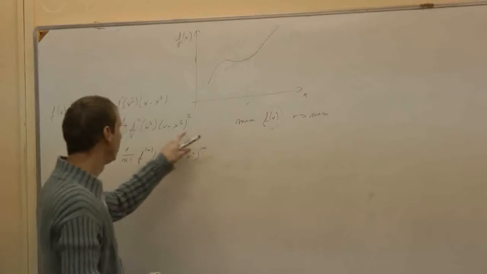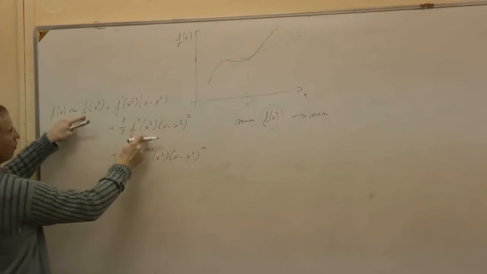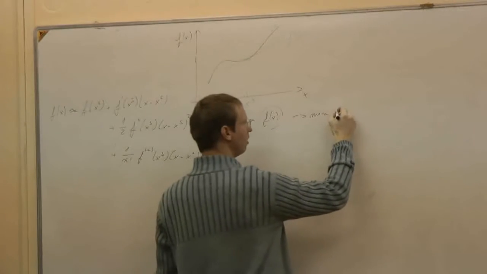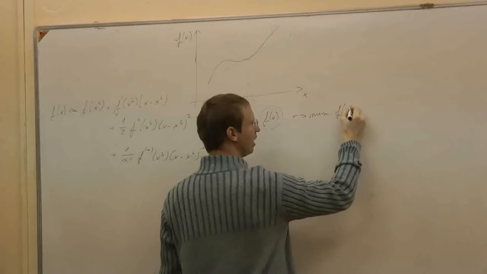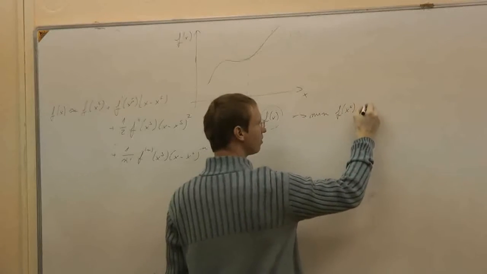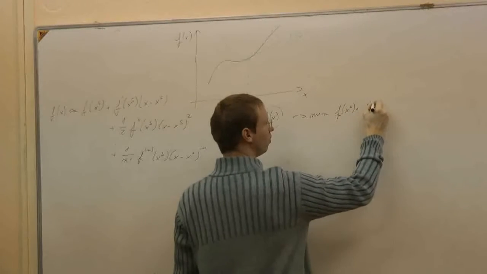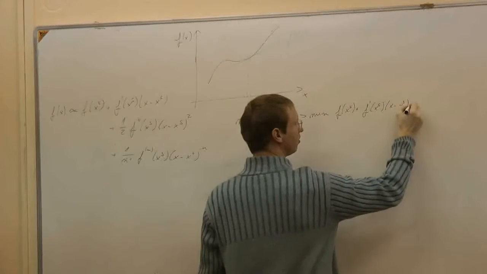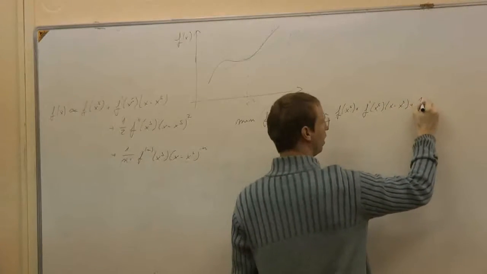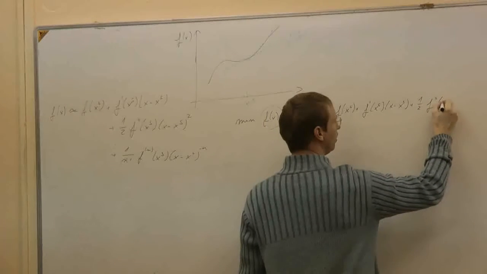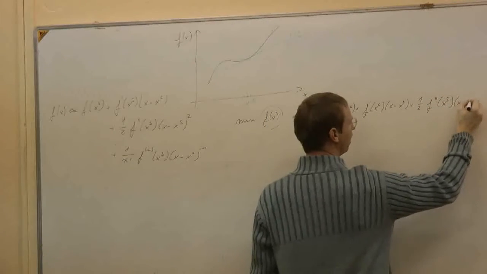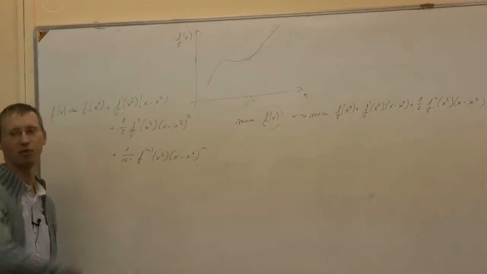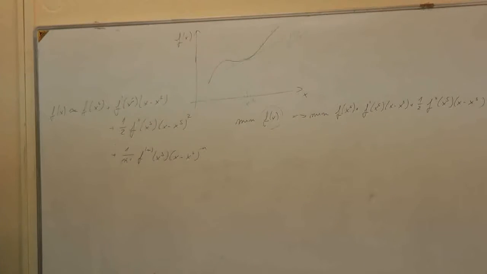So this will be now the function that we are going to minimize, right? So we are going to minimize f of xs plus the first derivative at xs times x minus xs plus 1/2 the second derivative of f at xs times x minus xs squared, okay? So what we have done is a local quadratic approximation of the nonlinearity.